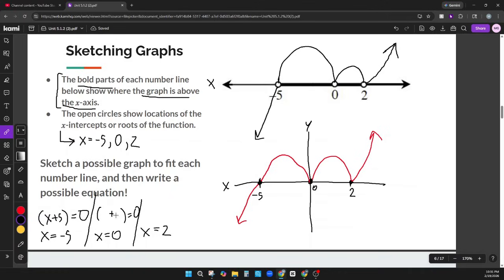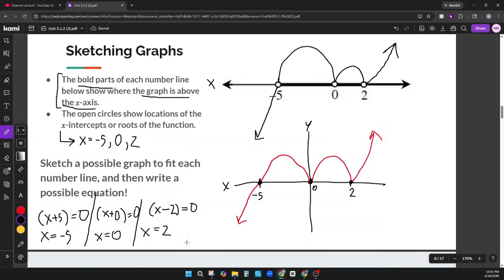But we know that the opposite of 0 is 0. 0 would cancel with 0, so this would be x plus 0 is equal to 0. And in this case, we have x equals 2, so we have x plus something equals 0. And what would cancel with +2? Well, that would be -2.